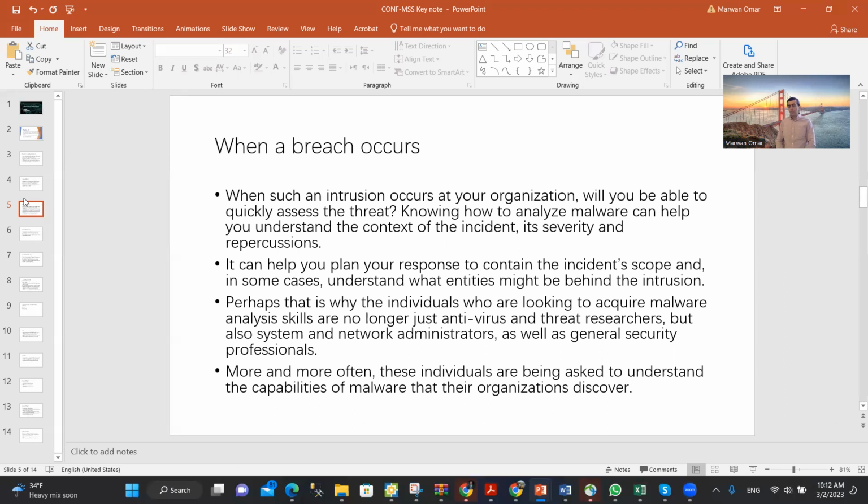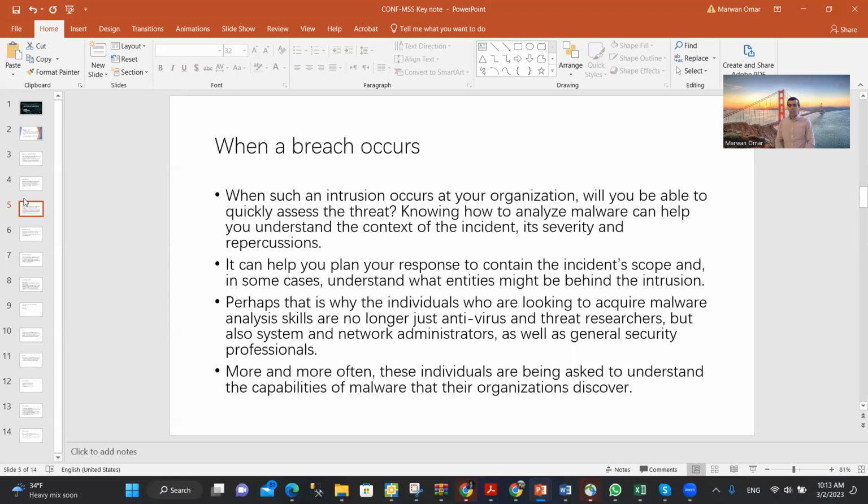How, for example, was the malware capable of encrypting network traffic while communicating with a command and control server? Was the malware capable of exploiting privileges and creating user accounts on our network so that they can blend in?